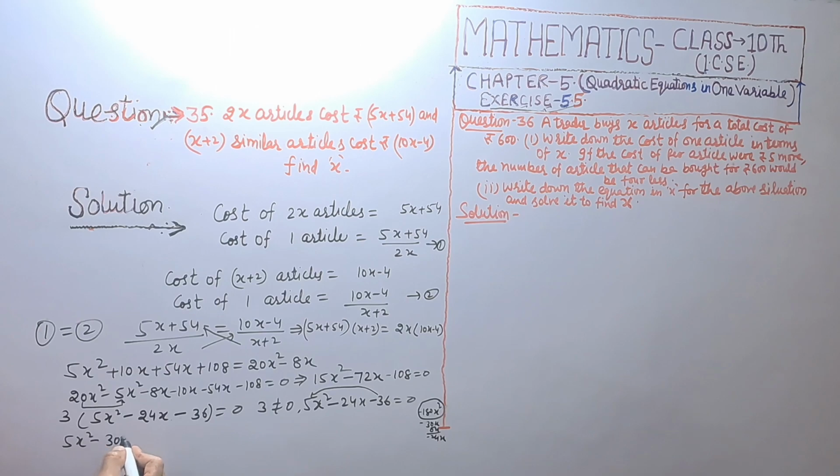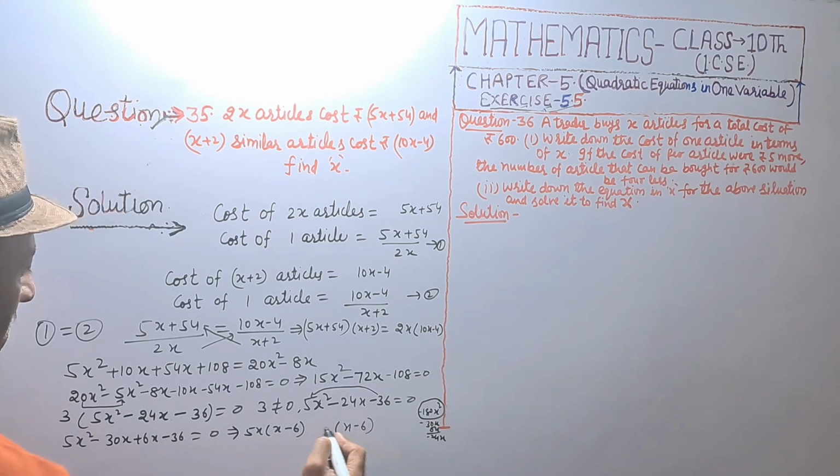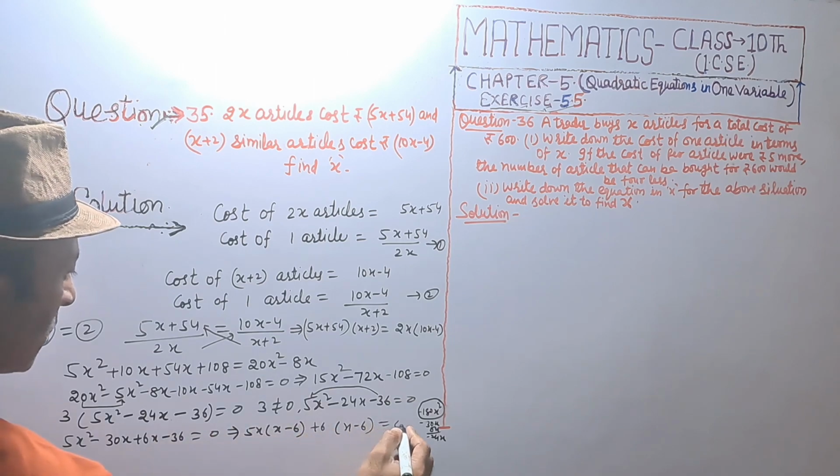Taking 5x common in bracket x minus 6, and x minus 6 in bracket plus 6 is common, equal to 0.